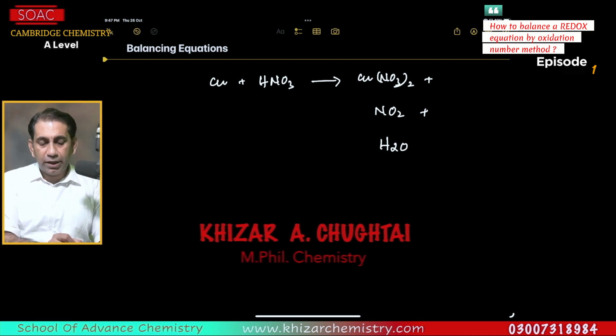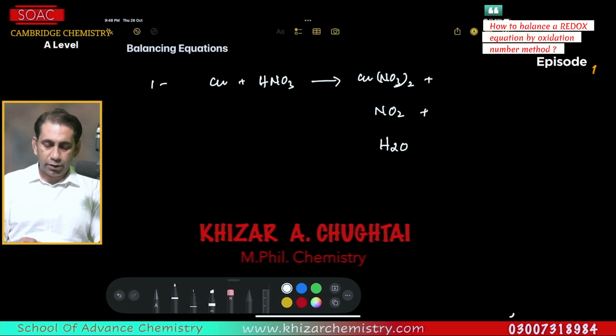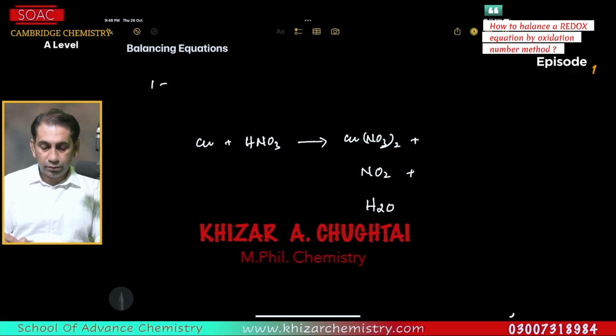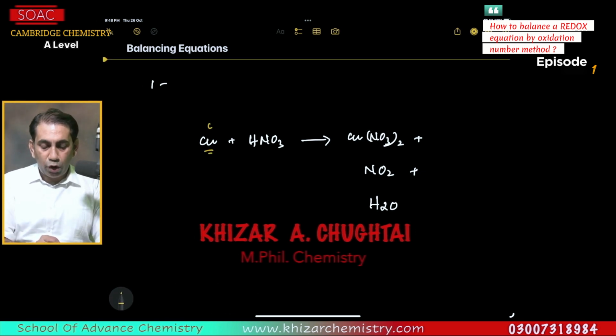First of all, the main step is to find the oxidation numbers, the oxidation states, of each and every element present in this equation. Let's see over here. Copper is a pure element, and its oxidation number is 0.